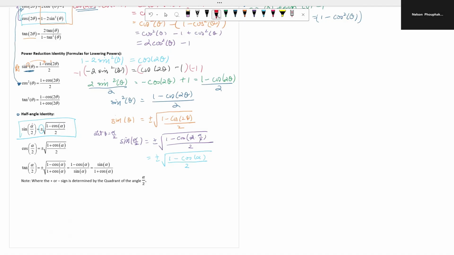The plus or minus sign is determined by the quadrant of the angle alpha over 2. So if alpha over 2 is an angle in quadrant 1, then of course we will have positive, and so on and so forth.